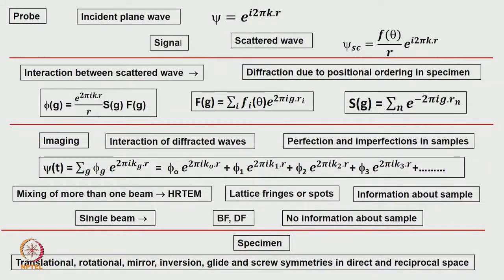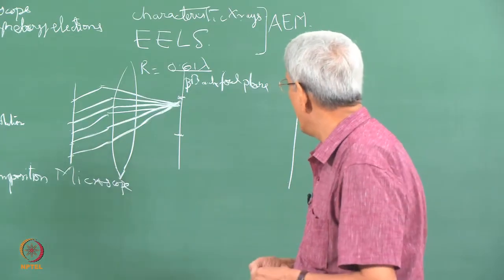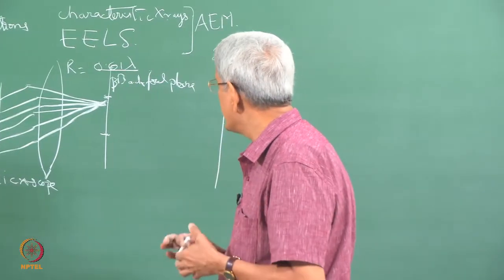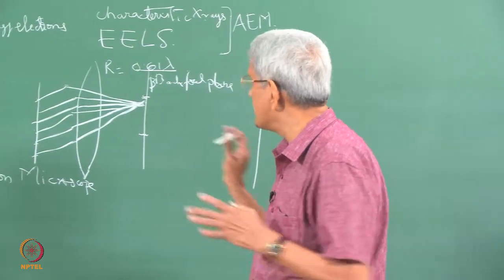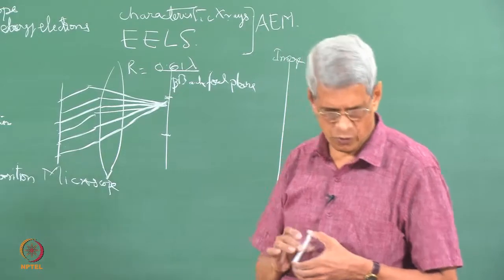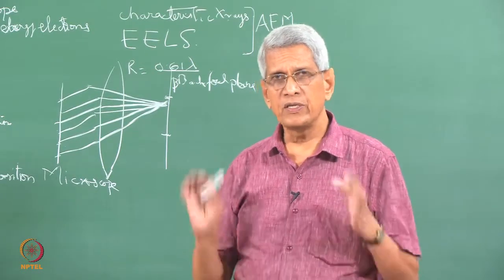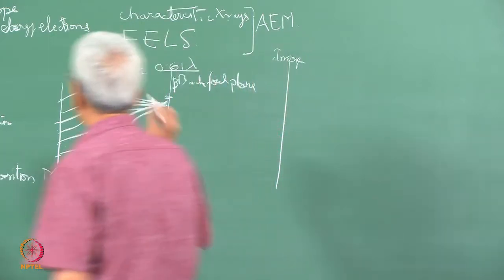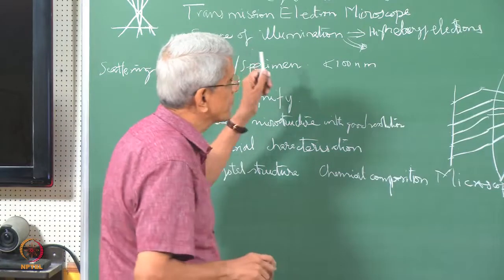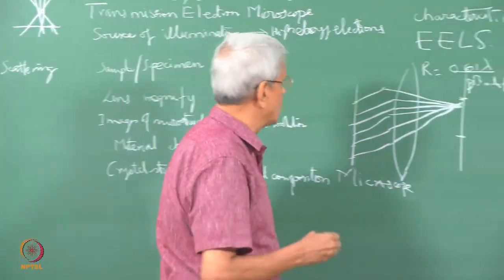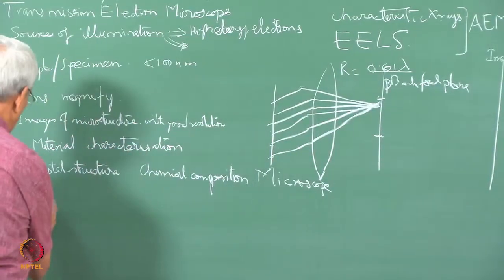Having discussed so far the basic aspects of what information we can get from a microscope, what are the different ways in which these techniques could be operated? Essentially what we mentioned is diffraction and imaging. What are the various modes in which diffraction could be carried out?